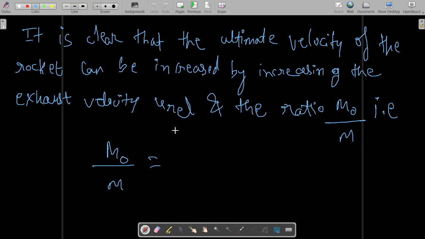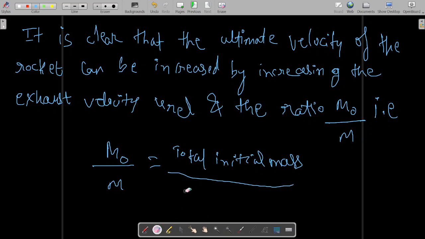So it is the total initial mass of the rocket divided by the total residual mass of the rocket.